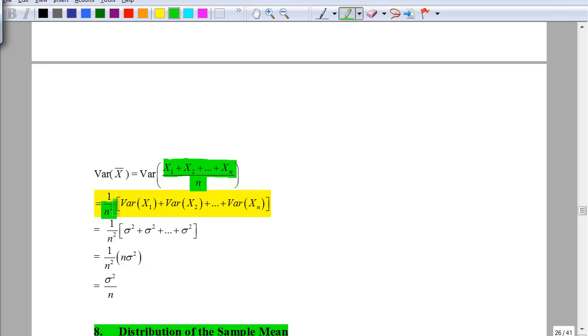Now since the variance of x1, variance of x2 and so on are all derived from the random variable x, each one of them will have a value of sigma squared, which is similar to the variance of x itself. Ultimately, you will arrive at this solution as sigma squared over n.